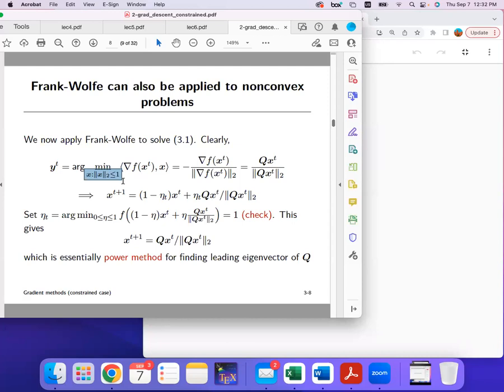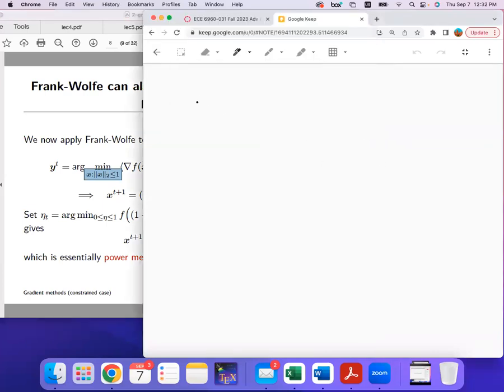Basically, you look for the vector with unit norm that is most negatively correlated with the gradient. And because the Euclidean ball is symmetric and covers all the directions, the minimizer is simply the scaled negative gradient.